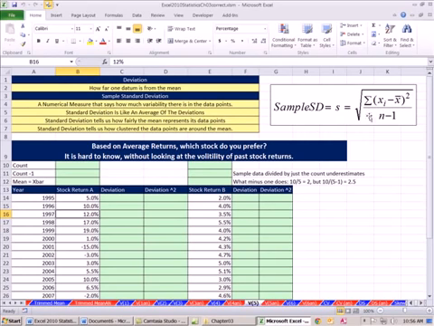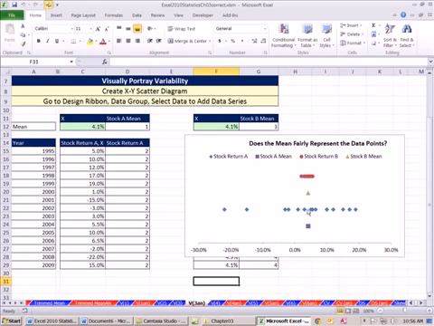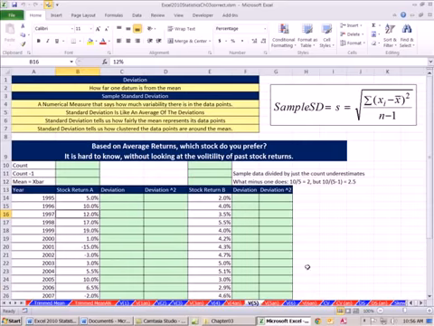Now, because there's going to be some negative ones and some positive ones, or said a different way, if we go to our visualization here, there's going to be some below and some above the mean, we're going to run into trouble with averaging it, and I'll show you the exact trouble we'll run into. But that means we're going to have to square it. No problem. We're going to square it, and at the end, we'll take the square root, which actually undoes it.